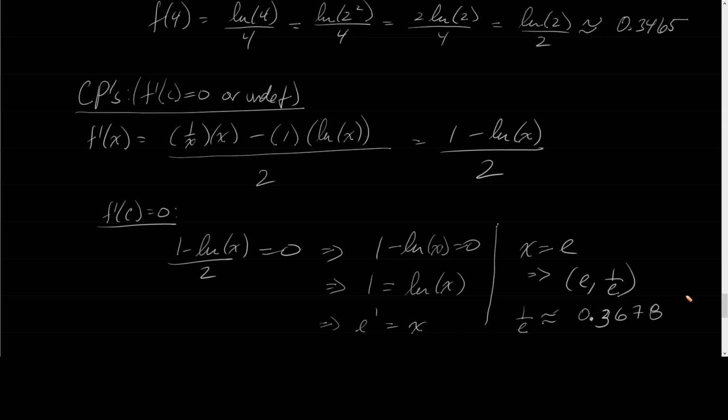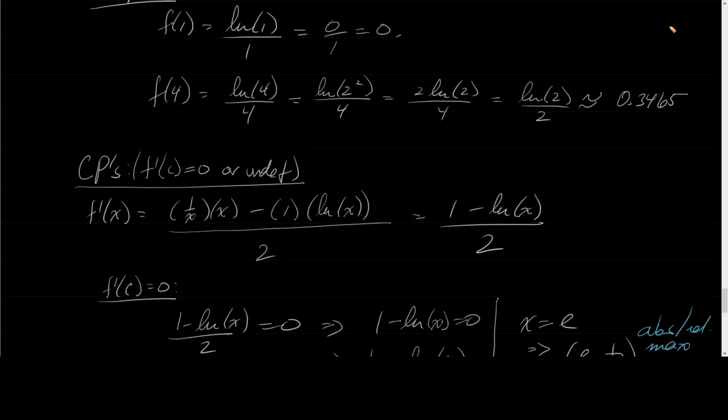So this right here would be the relative max, or actually the absolute max. It's also a relative max because we got it from being a critical point. It's an absolute max because it's bigger than all the other points that we found here. This one right here would be the absolute min.